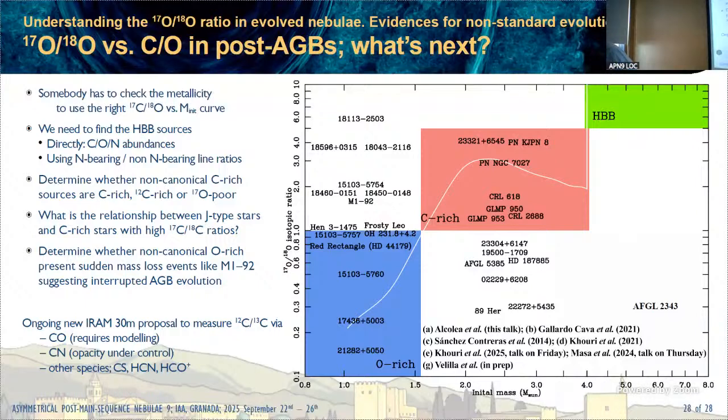Bill? Javier, is it possible to summarize the wonderful mess that you presented us with, just by saying that we still don't understand convection? Exactly. Or else, maybe, if I can make a comment on that, hot bottom burning is not constant along the AGB.